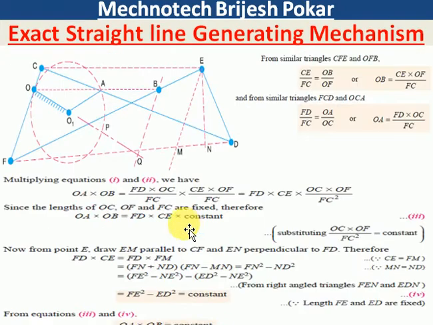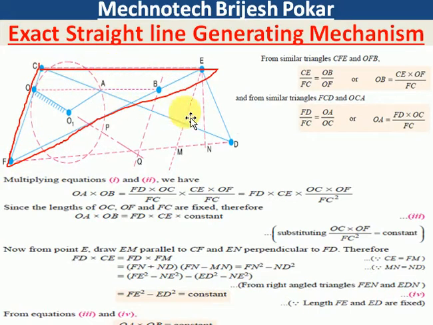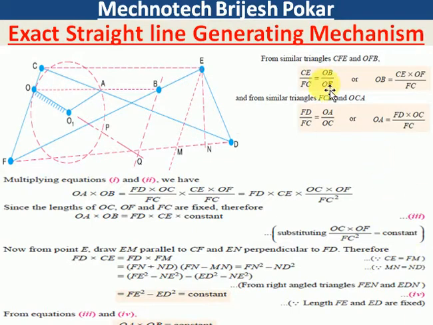Now let us prove. So here we have two triangles, one is CFE, that is triangle CFE, and another triangle is OFB, that is O, F and B. So you can see both triangles here. By these triangles we can say CE upon FC is equal to OB upon OF, okay.